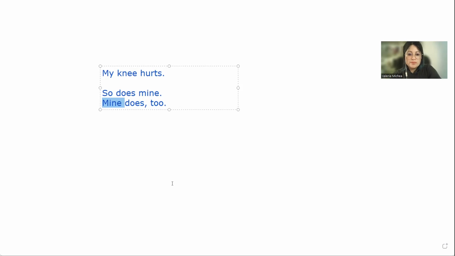All right, so let me just tell you the difference between my and mine. My is mi. Mi rodilla duele. But mine is mío o mía. Entonces mi respuesta es la mía también. Okay? Entonces esa es la diferencia entre my and mine.